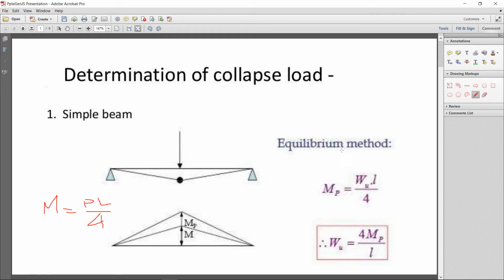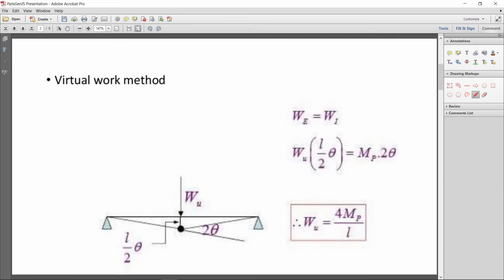Now this is the equilibrium method, or the static method, the first method. Now we will get it by virtual work. Virtual work means the external work done is equal to internal work done. That is the definition of the virtual work method. Now the external work done is the load multiplied with the average deformation or average settlement.